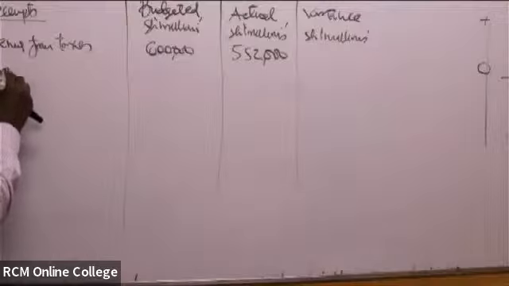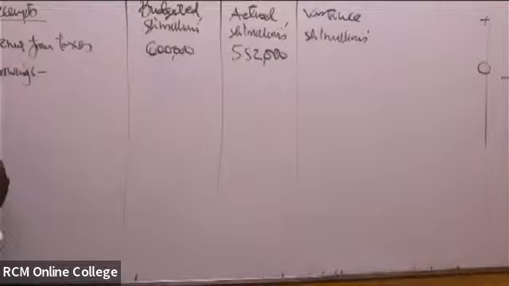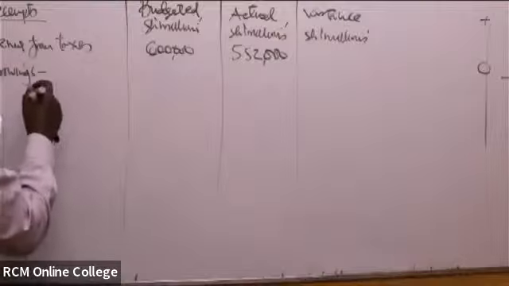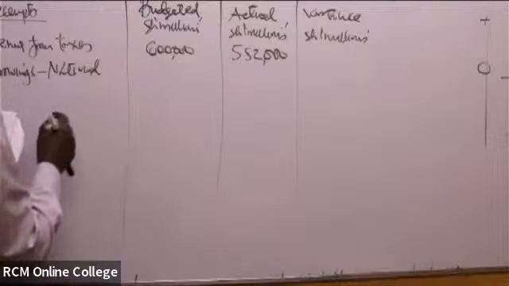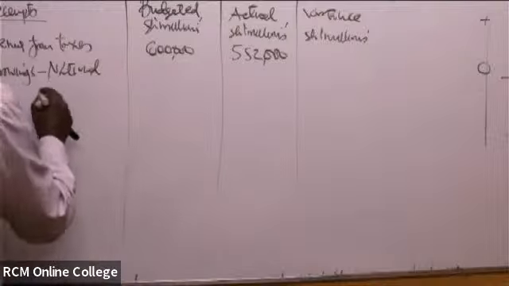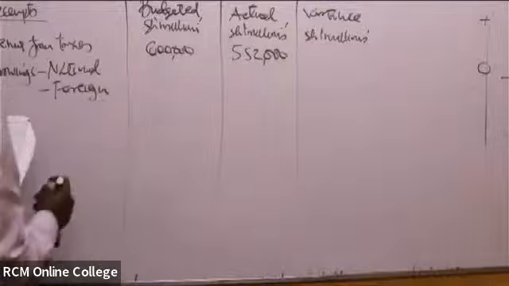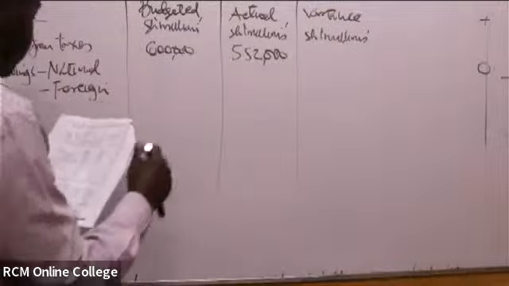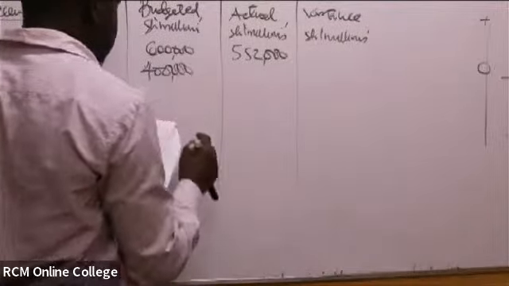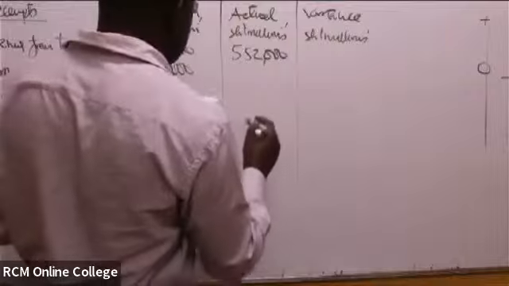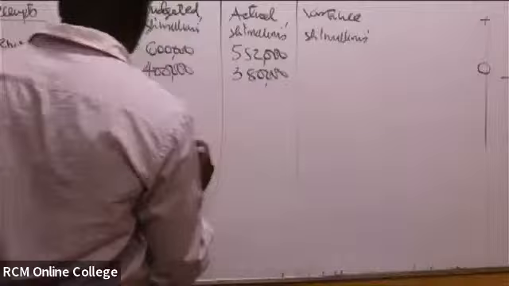Borrowings from the local market, national borrowing from the local market, and foreign borrowing also. They were borrowing from foreign countries. They were anticipating from the national borrowing, for example if they sell government bonds, they'll get 400,000, but they ended up getting 380,000.